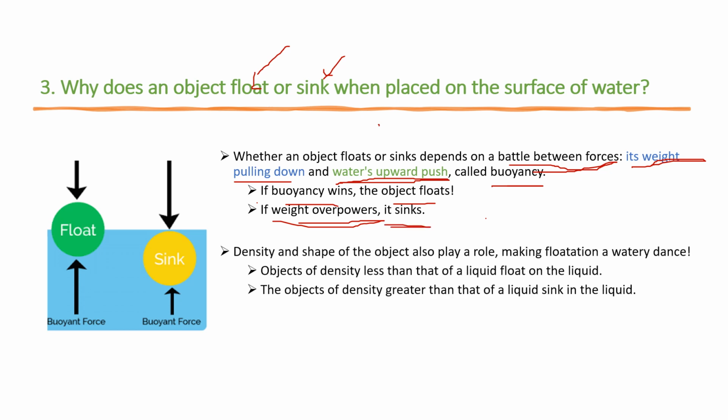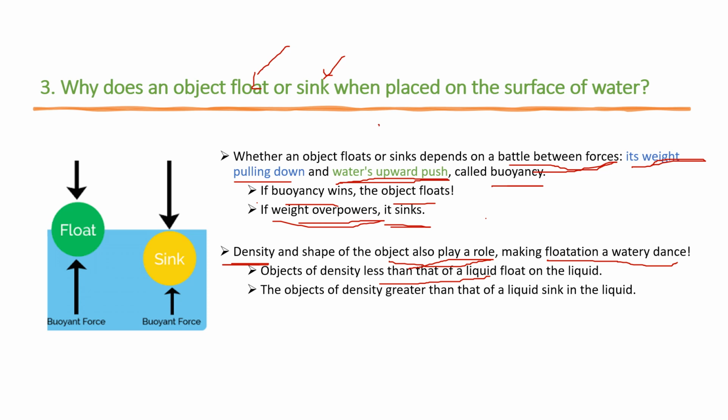Next, the other way to answer the same question. The density and shape of the object also play a role, making flotation a watery dance. Just imagine your paper boat dancing on the water like that, right? Objects with a density less than that of the liquid float. Remember, I explained it just a few minutes ago.